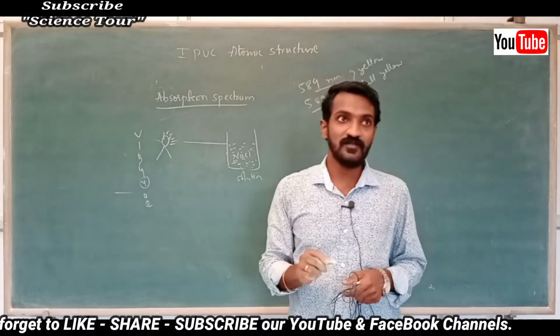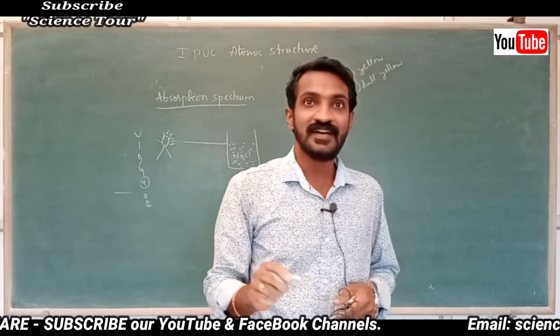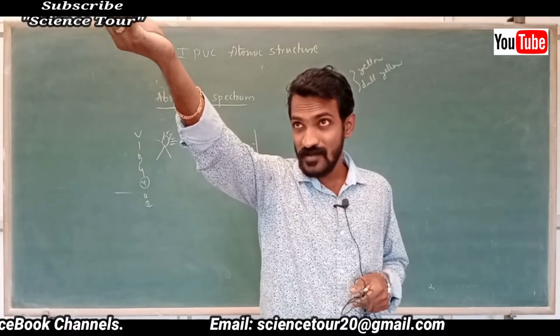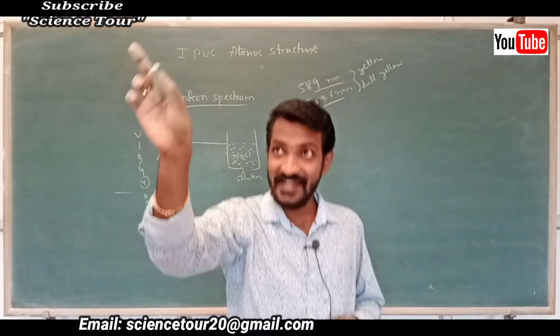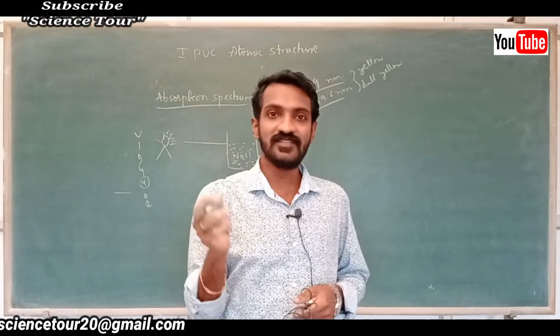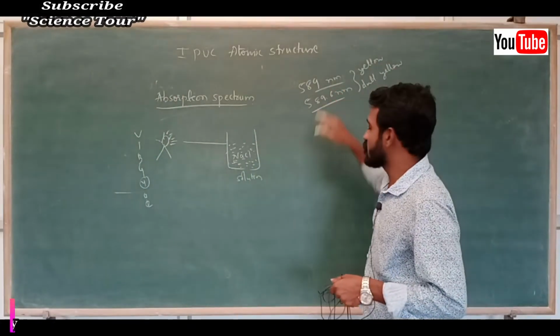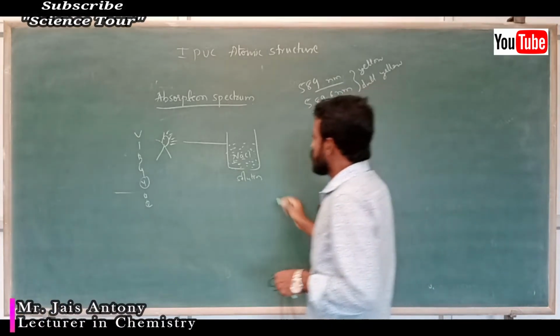While purchasing, you know that color, you ask the shop owner, give me that yellow color. No, dark yellow, light yellow, like that you are asking. So different colors have different wavelengths.